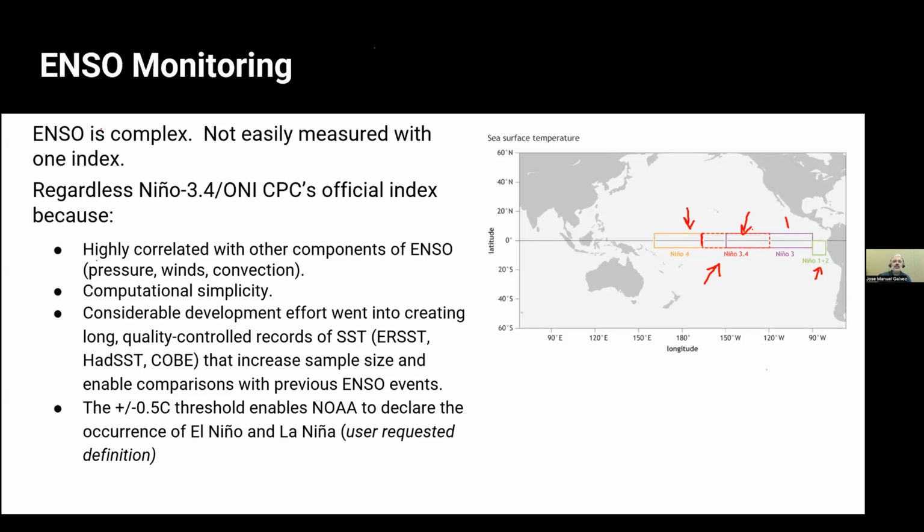The one thing that you need to keep in mind is that the impacts in the atmosphere and in other parts of the world could start as soon as the ocean looks like an El Nino or a La Nina. So if you're saying, okay, I'm going to wait until this is officially declared, then you're probably going to have a lot of people already underwater or suffering droughts and wildfires and other impacts. It's not that the classification is wrong, I'm never going to say that.